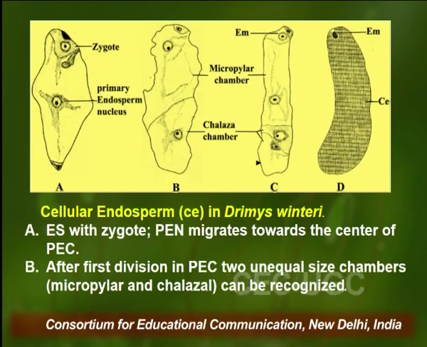Now, the first division in this primary endosperm nucleus is followed by cell wall formation, and it leads to two unequal sized chambers, the micropylar one and the callosal one, which you can see. Micropylar chamber is larger, the callosal chamber is smaller as compared to the micropylar one, and in figure D you can see that there is total cellularization of the primary endosperm cell.